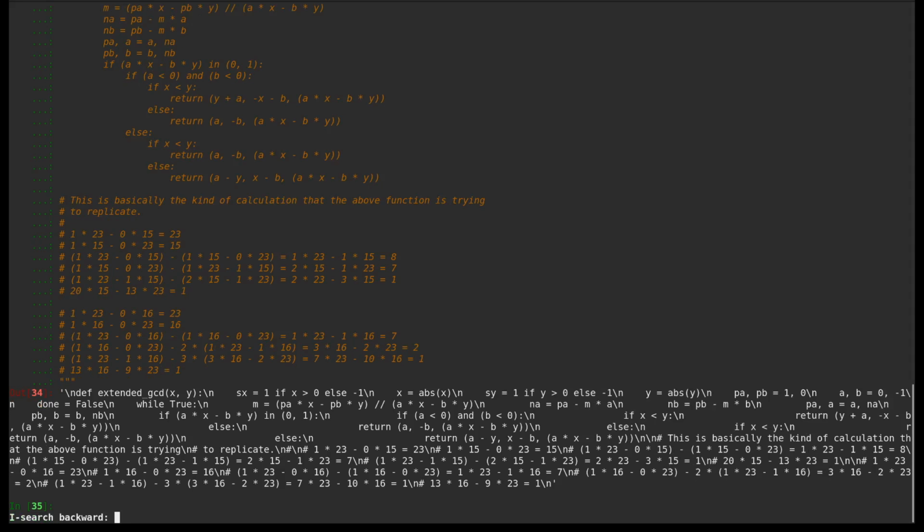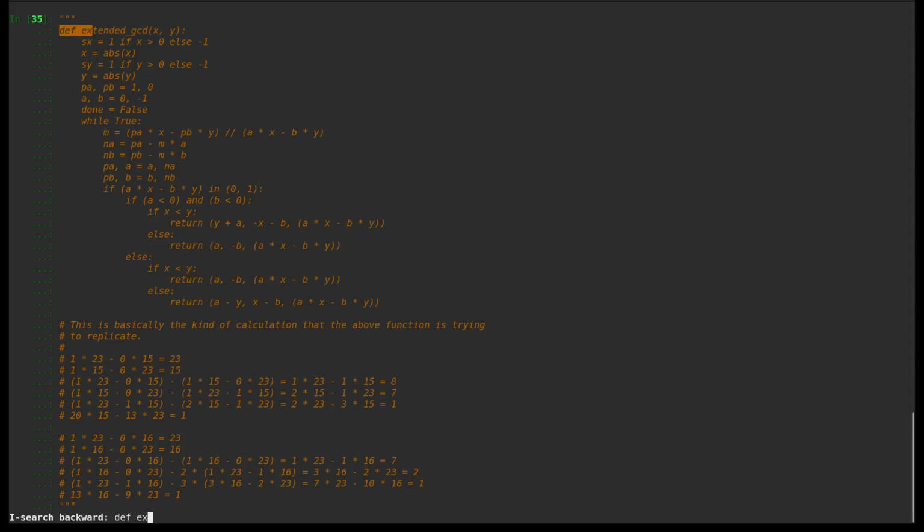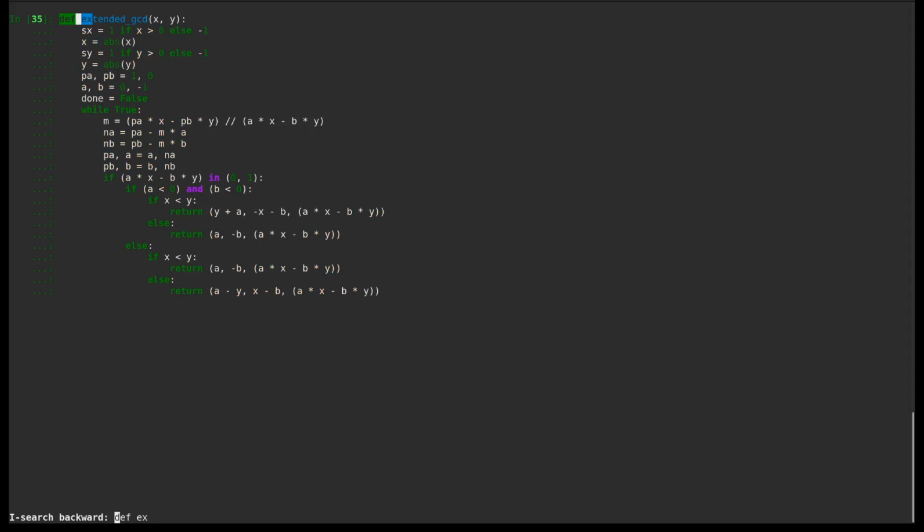So I actually have the definition for extended GCD here sitting in the history of my IPython session. And so we'll just define it here, and we'll test it out. Now, this results in something funny. It results in the extended GCD being 0.